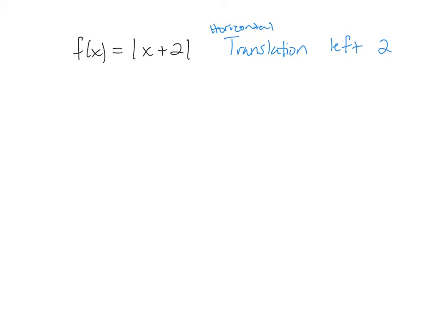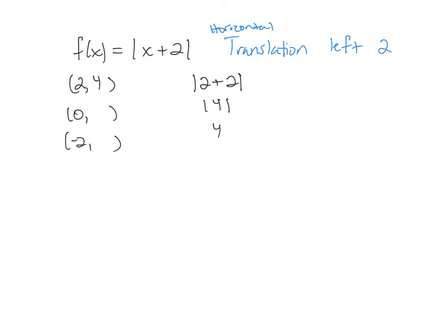So here's the explanation. Okay, so we're still going to pick our numbers. I'm still going to pick 2 to plug in, and I'm going to pick 0, and I'm going to pick -2. Okay, and so when I plug in 2, 2 plus 2 would give me the absolute value of 4, or just positive 4, so I can put that there.